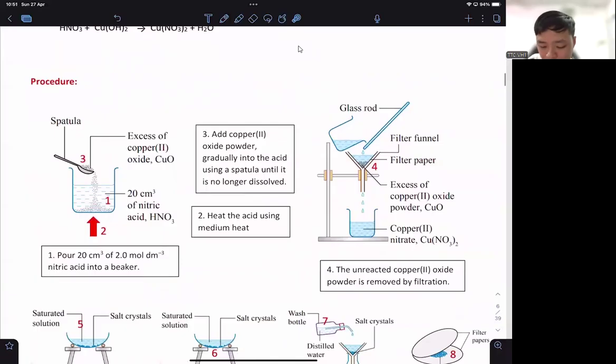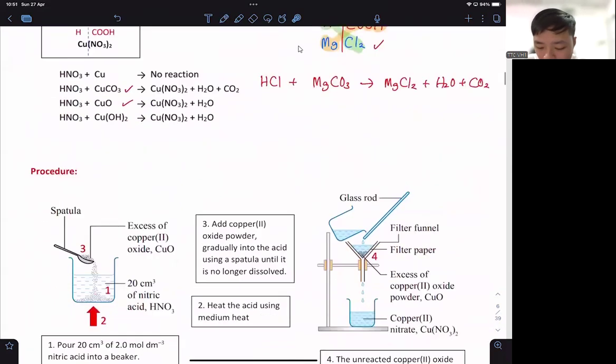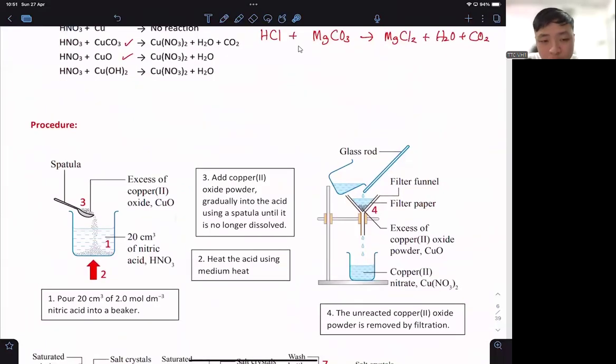Then you put this amount of acid inside the beaker, heat the acid, then add the copper 2 oxide powder. All these are solid powders. You stir until the solid no longer dissolves into the acid.